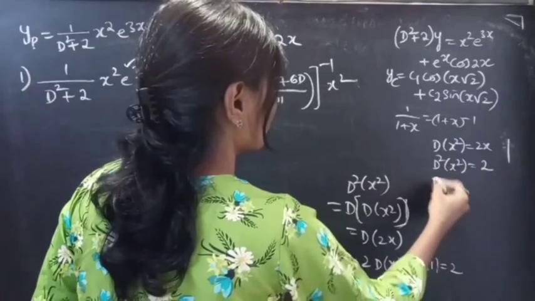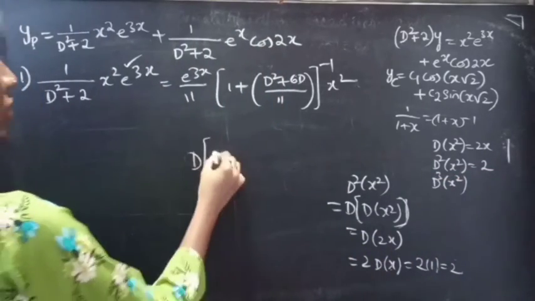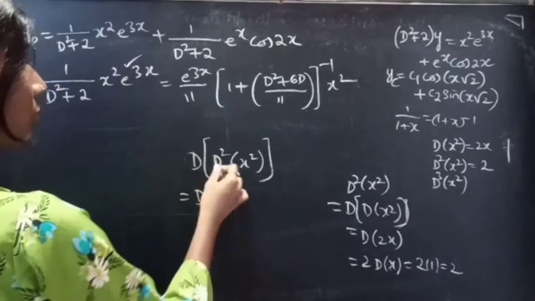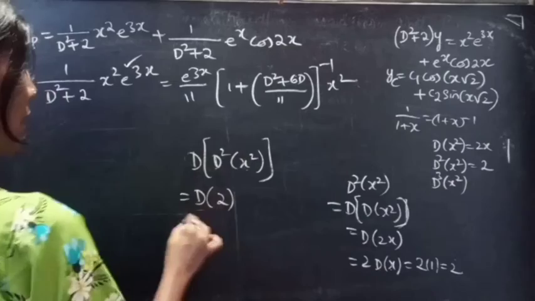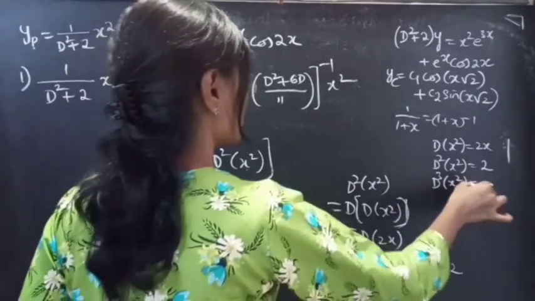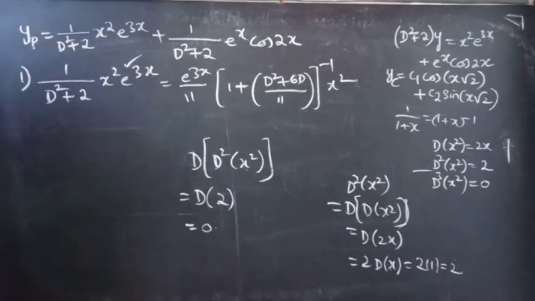Right? Now, d cube of x square is derivative of d square of x square. We have the value of d square of x square, which is 2, and we know that derivative of constant is 0. Right? As I said earlier, derivatives of x square from d cube becomes 0.